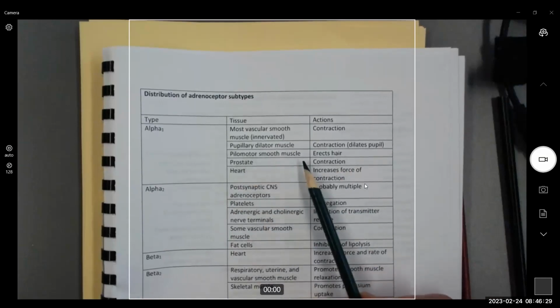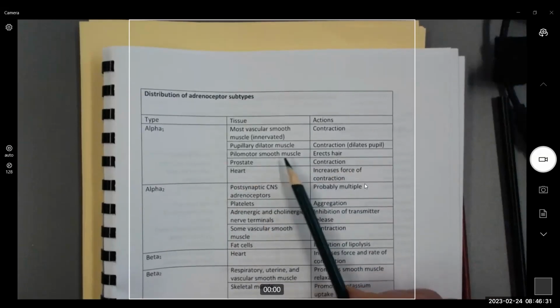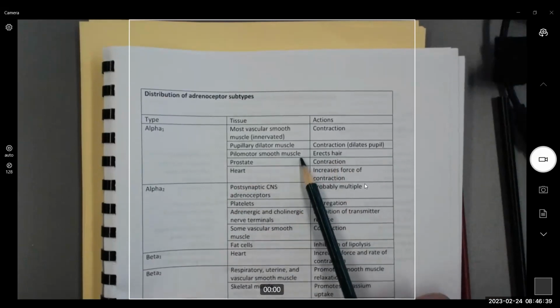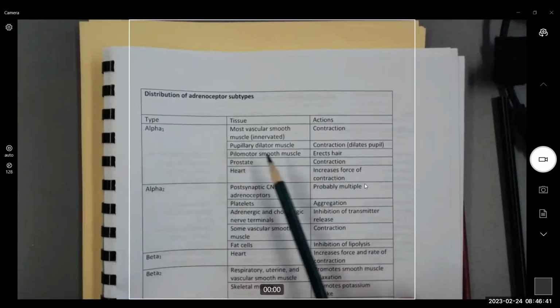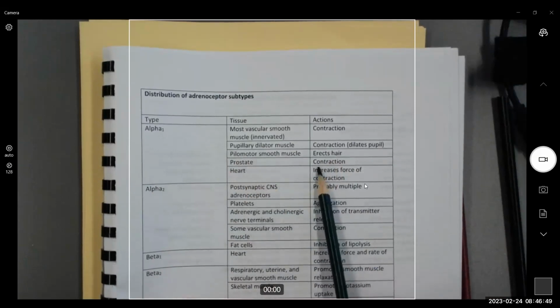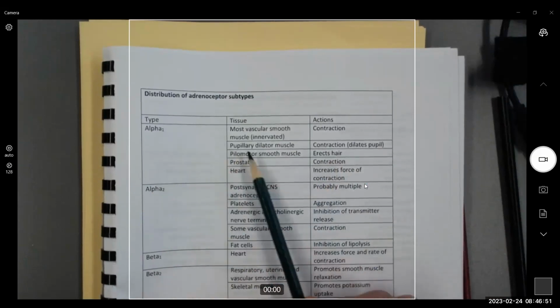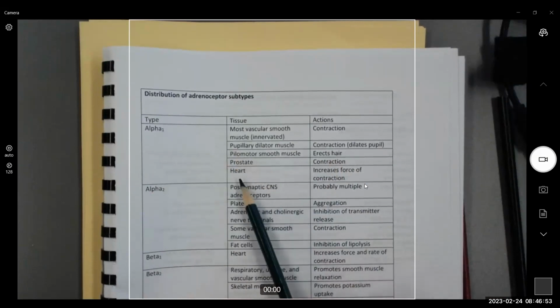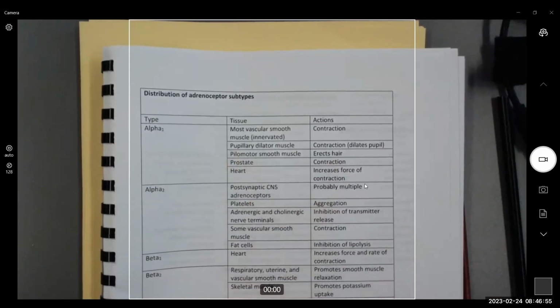They help your hair stand up on end when you get scared. So if you're playing Resident Evil or something like that, and the hair on the back of your neck stands up, it's due to sympathetic input to these alpha-1 receptors. Contraction of the prostate is also the result of alpha-1 receptors. And in the heart, they can increase the force of contraction.